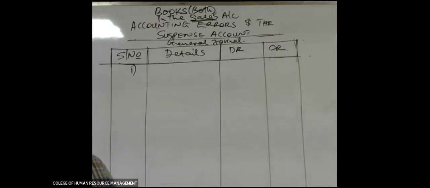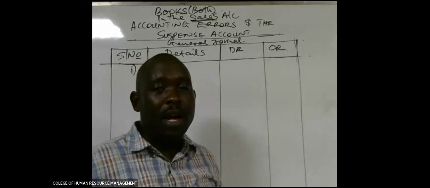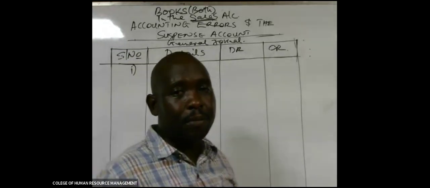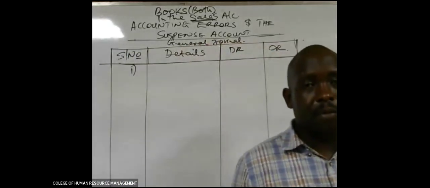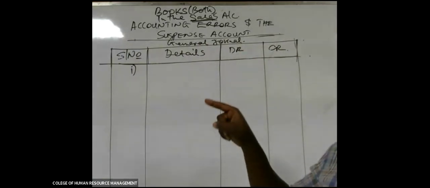35,328 minus 35,238 is 90. As we talk about that 90, now you need to also ask yourself, did we use 90 more or 90 less when recording 35,238 in the sales account?